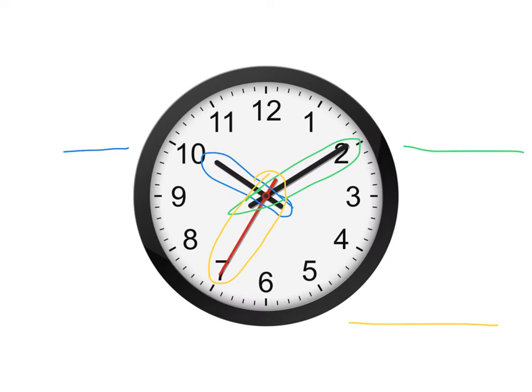So, first we're going to look at the different parts of a clock. Now here, we see a clock like we have in our classroom. Now this clock has more than 3 parts, but right now we're going to talk about the 3 big parts that are needed to know.